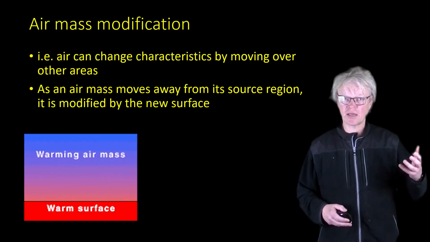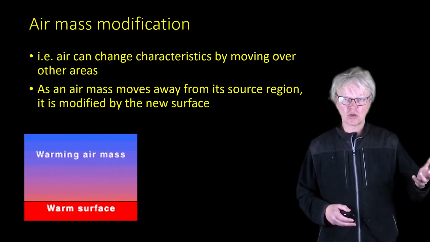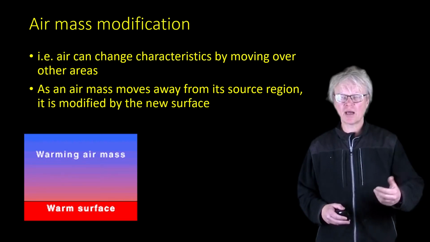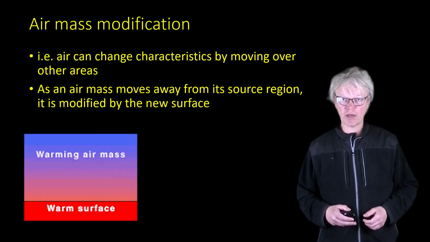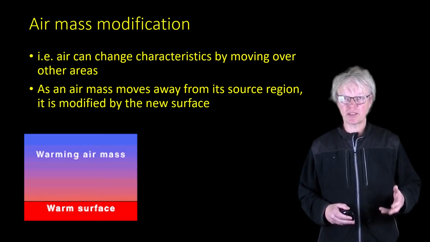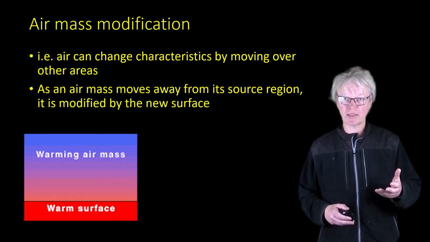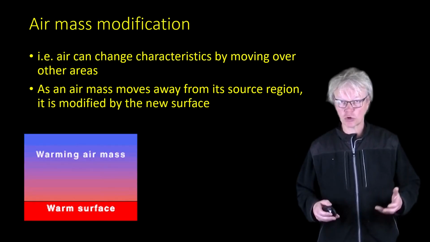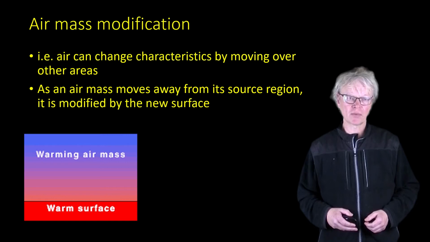So if it starts off as a dry, cold air mass and moves over a warm continental area, the humidity won't change much in the air mass, but its temperature will, and so it'll become a warmer air mass and may then transform into a continental tropical air mass, for example.